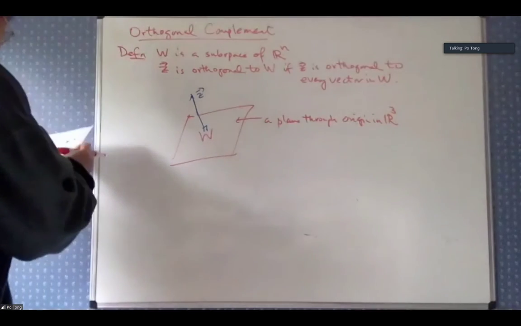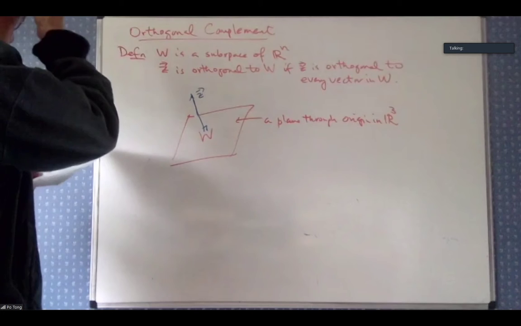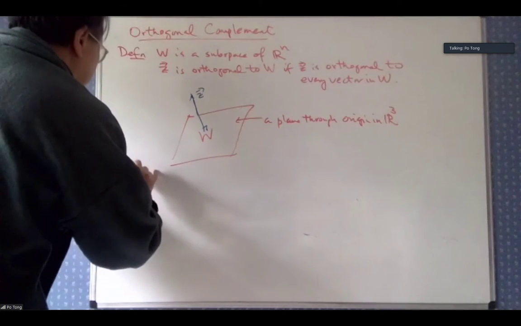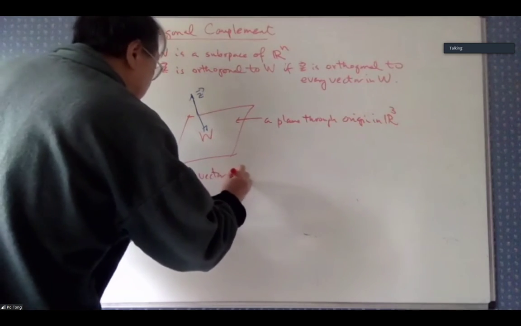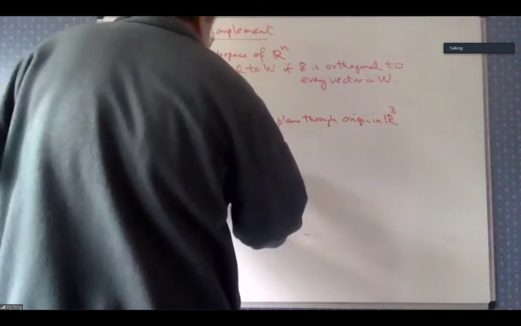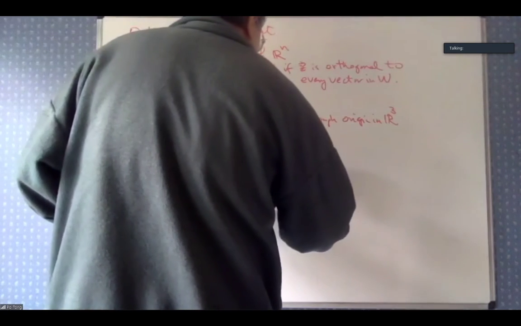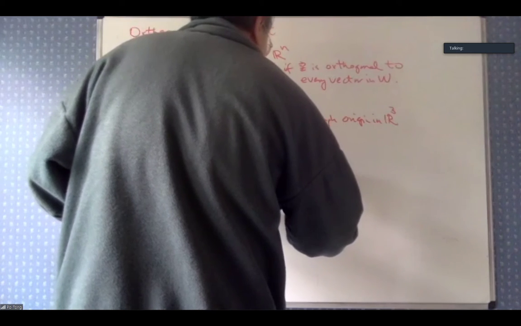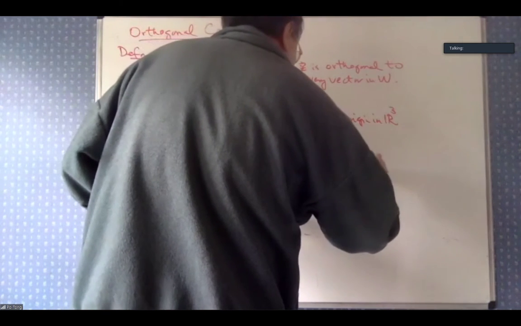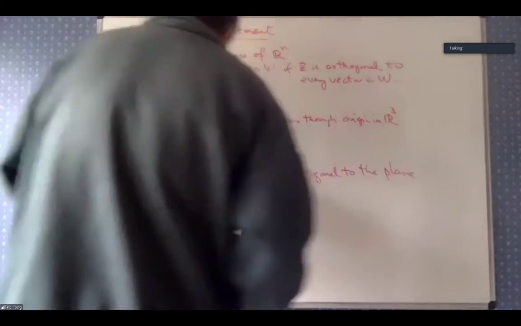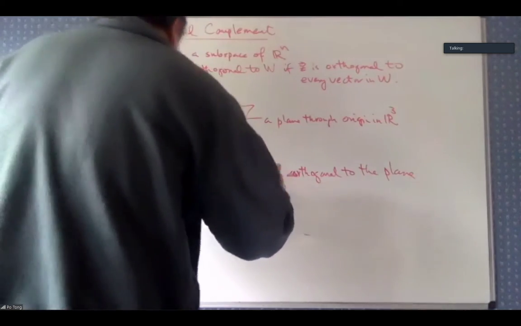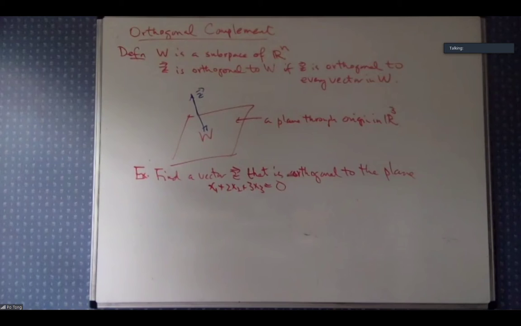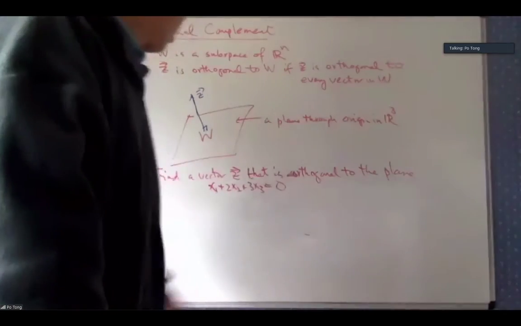So let's do an example. Find the vector Z that is orthogonal to this entire plane.